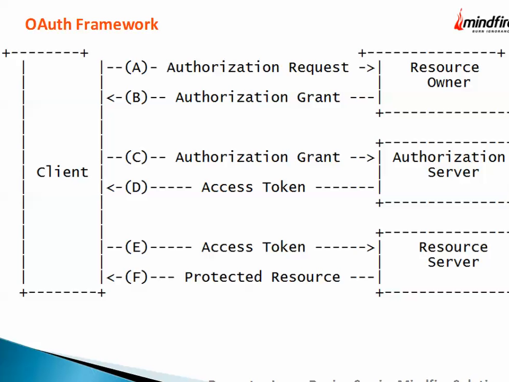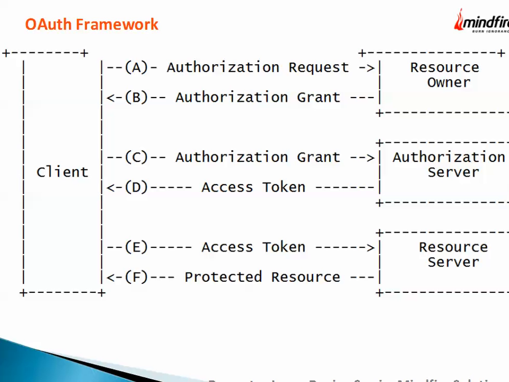You need to think about four things: the client, which is the user's application, the resource owner, the authorization server, and the resource server. If we implement this in our .NET application, we need to build four applications.